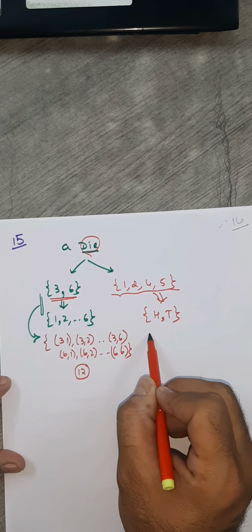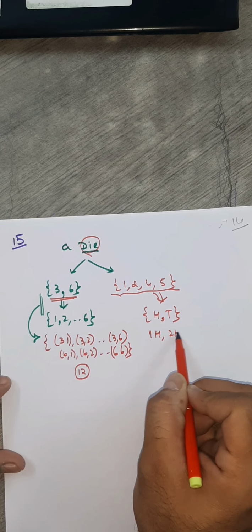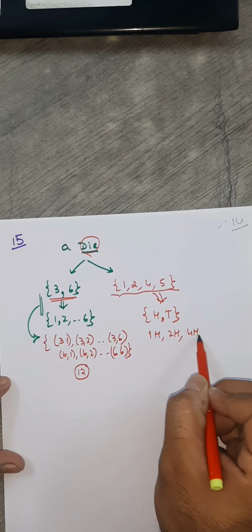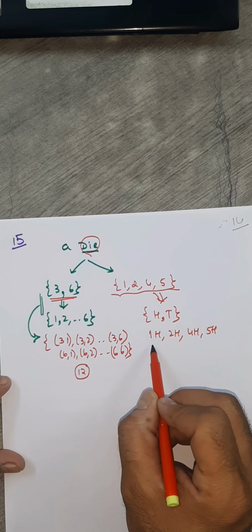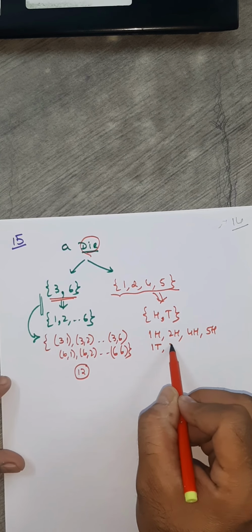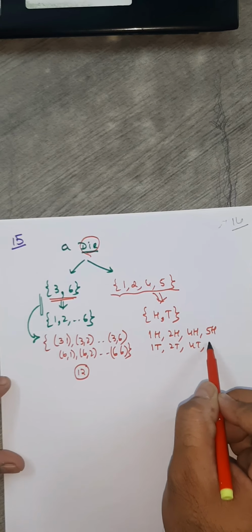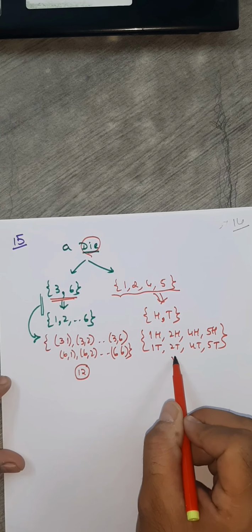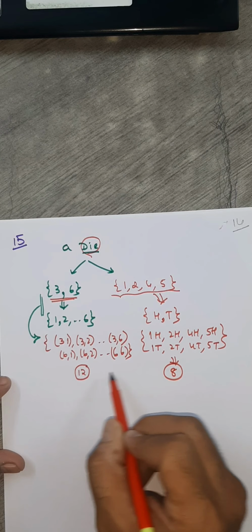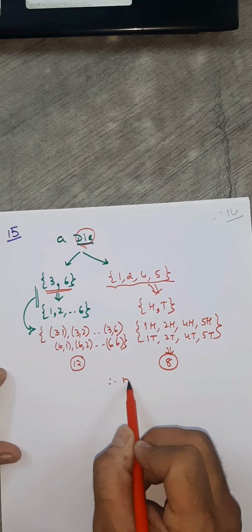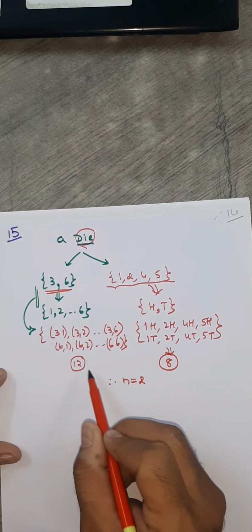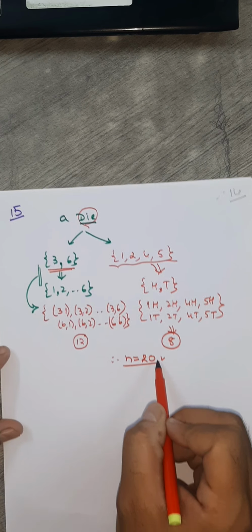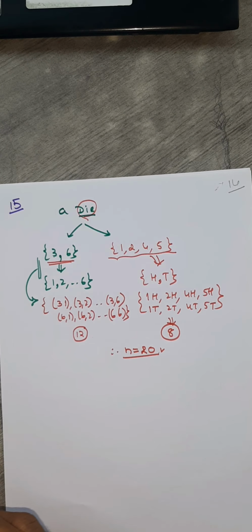So what are the outcomes here? 1H, 2H, 4H and 5H. Here 1T, 2T, 4T and 5T. So in total we have how many outcomes? 8. So the total sample space will have 20 outcomes, 12 plus 8. This is just for your information.